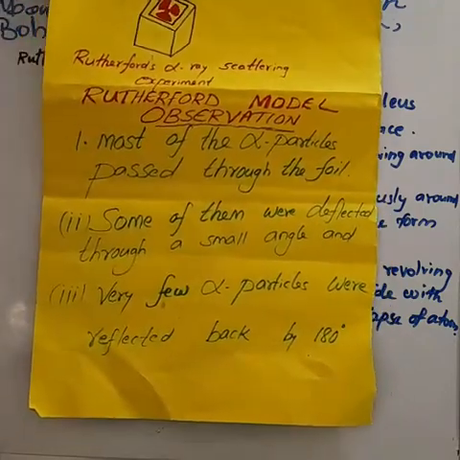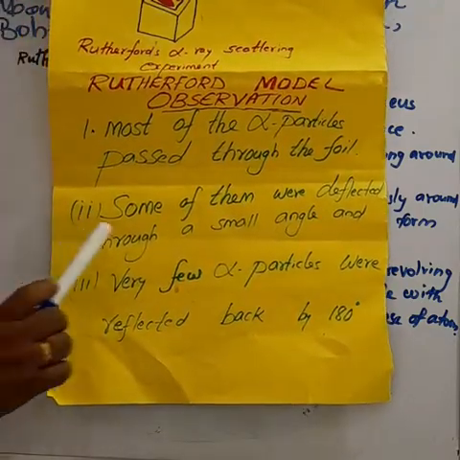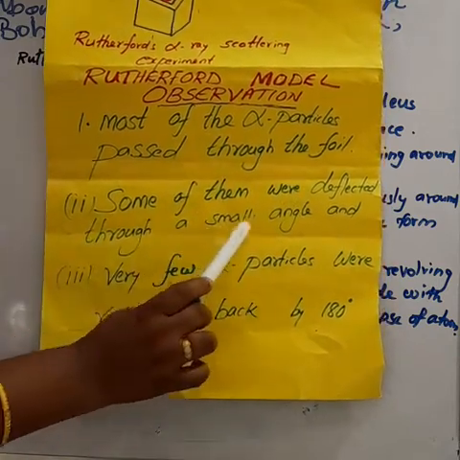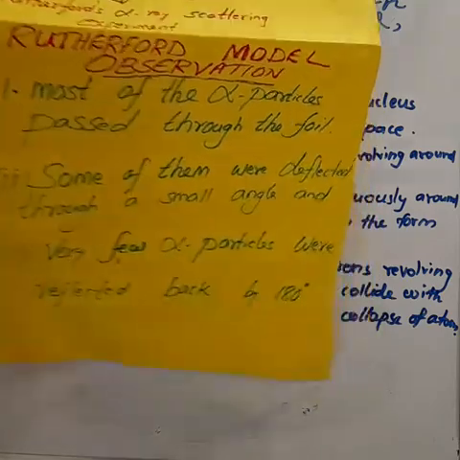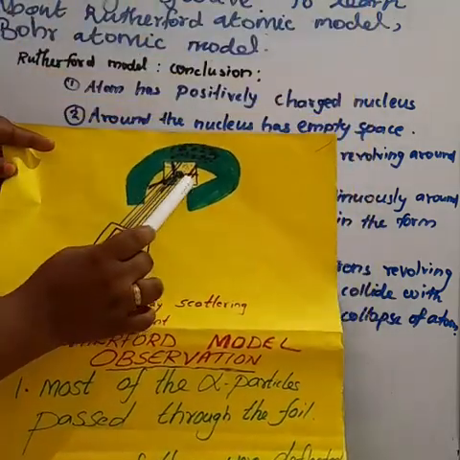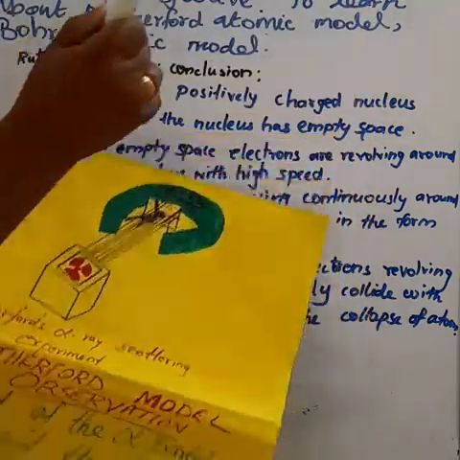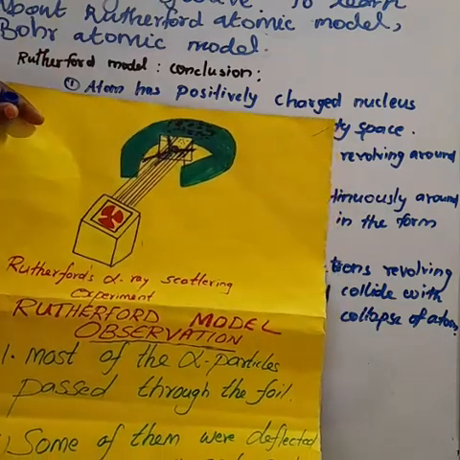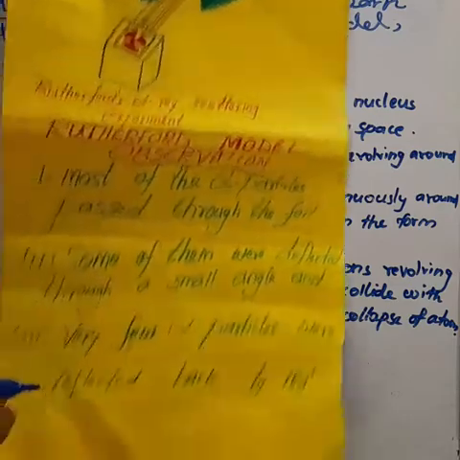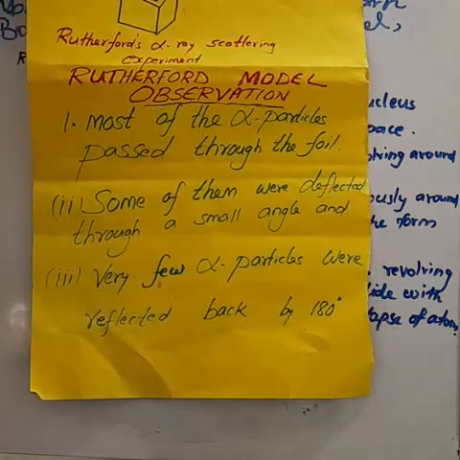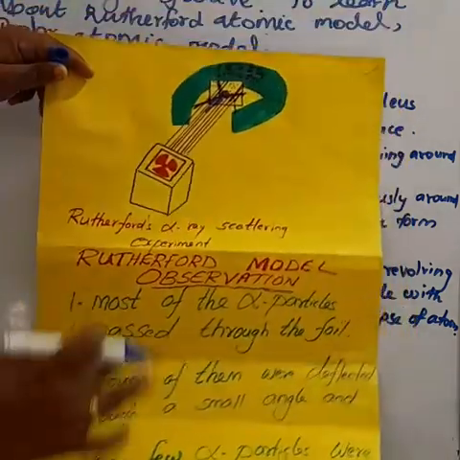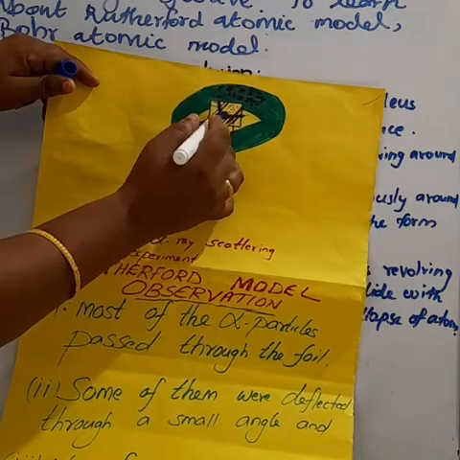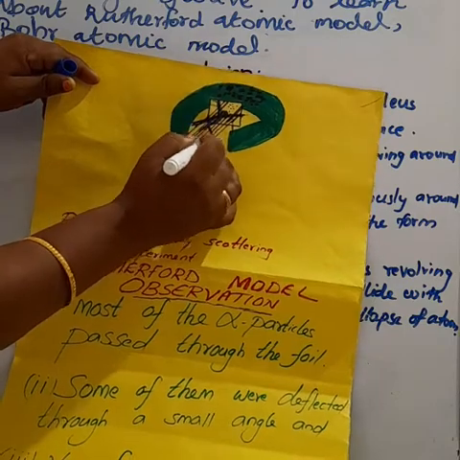Secondly, some of them were deflected through a small angle. And thirdly, very few alpha particles were reflected back by 180 degrees.